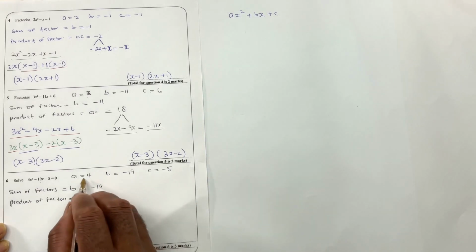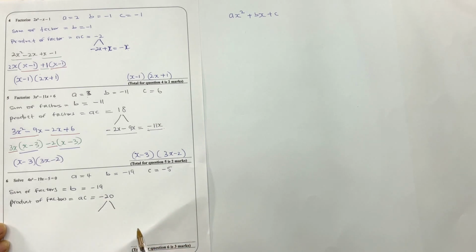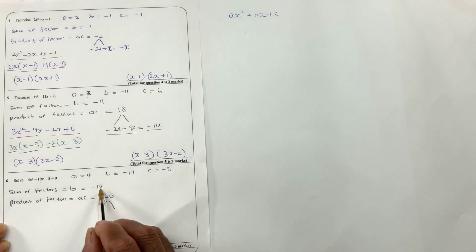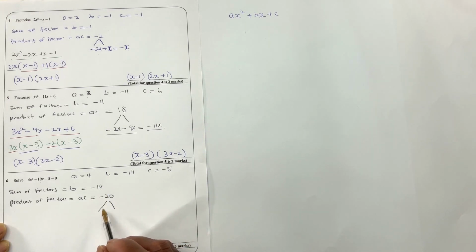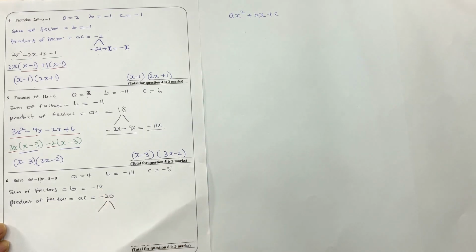Two numbers, when I multiply them together, I will get minus 20. And when I add them together, I get minus 19.